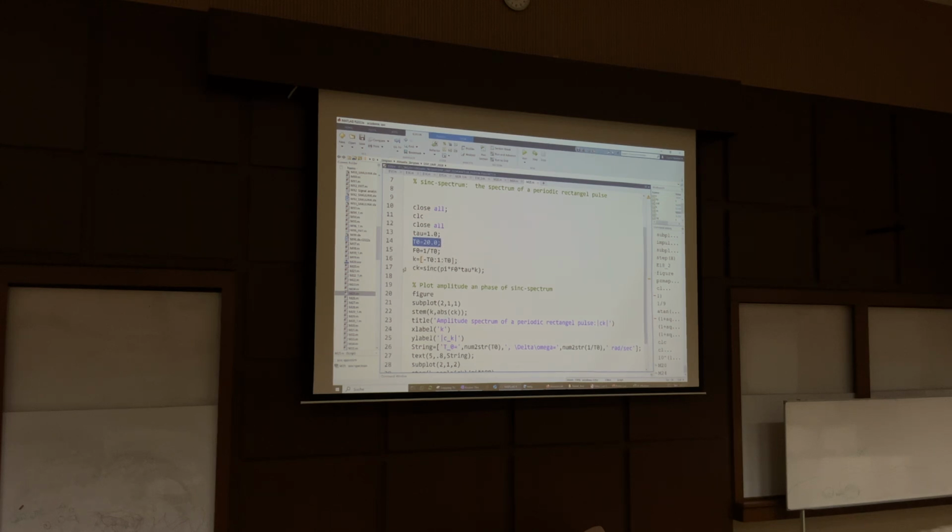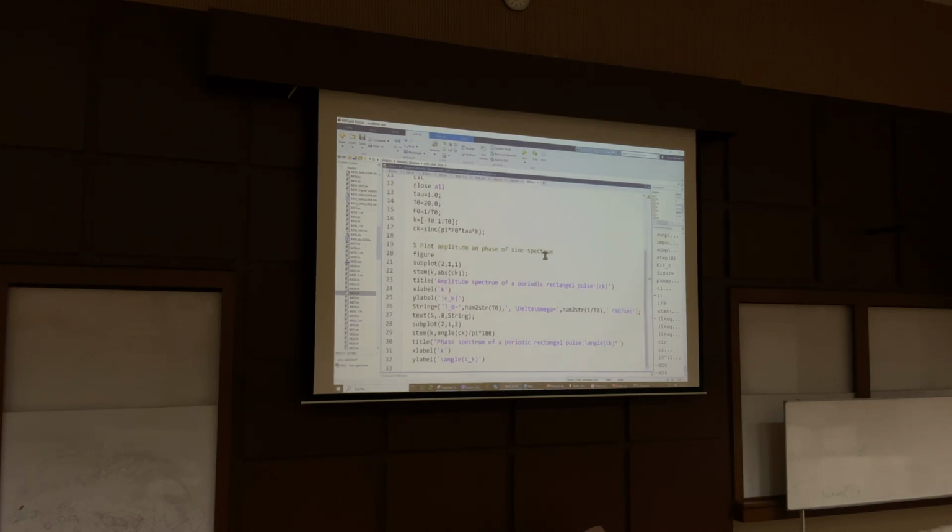And then you see I have this sinus x over x, the ck's, I compute them. You see here, from minus T0 to plus T0, this is my sinus x over x function, and then I plot that, the phase and the amplitude. So the amplitude of these ck's and the phase of these ck's.